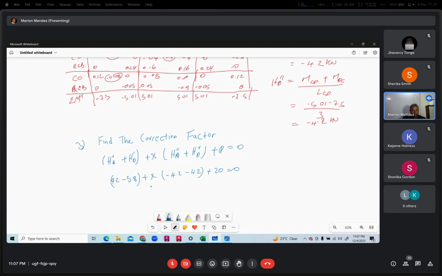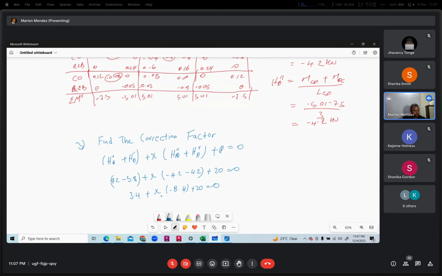Okay, so you would have gotten this to be 4 correctional factor of minus 8 equals 0.